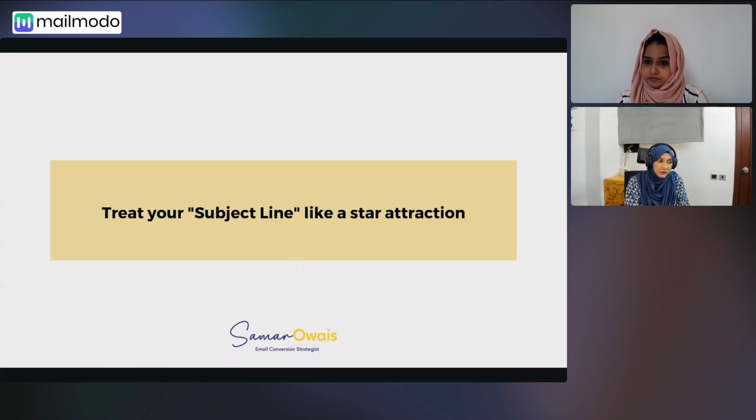So there are a few things you could do when writing subject lines. Test out super short subject lines versus longer subject lines. Most subject lines, when you notice in your inbox, will be mid-length, right? So if you write a super short or a super long subject line, that tends to stand out. Emojis always work well, but stick to one or two emojis in an email subject line.